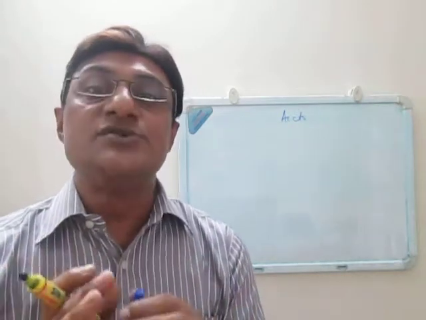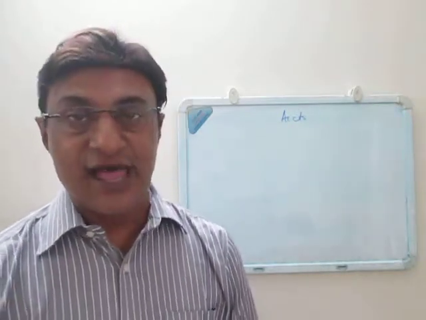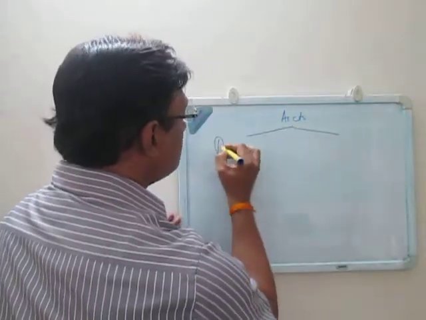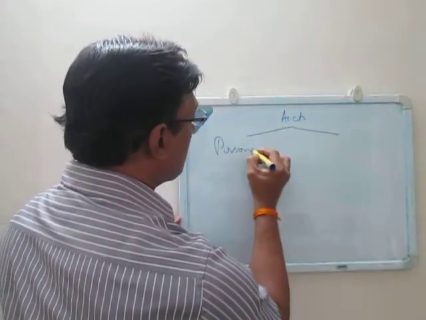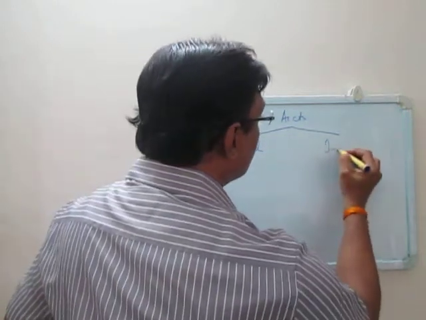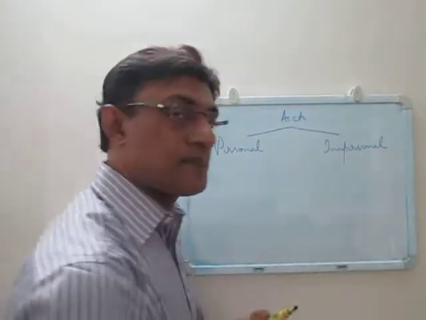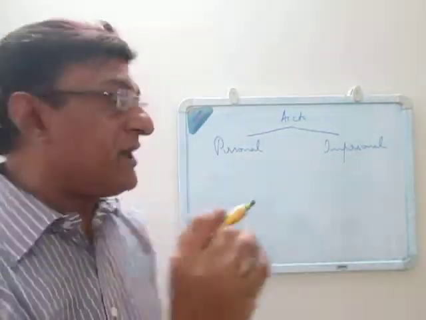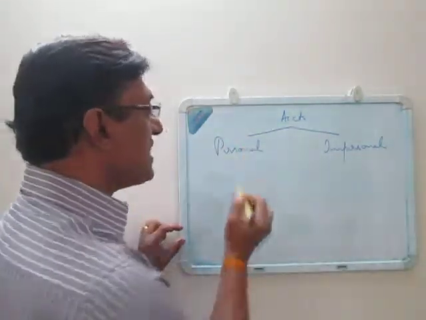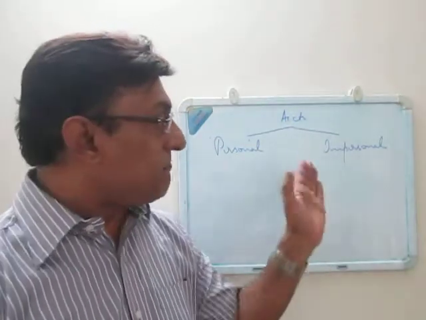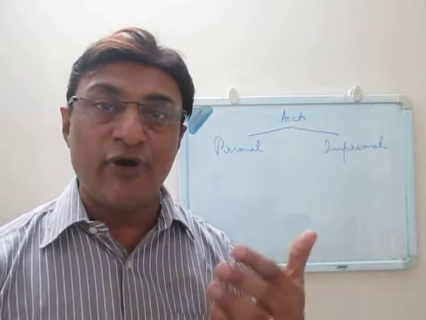To analyze the rules, it is necessary to understand that accounts are broadly of two types: one, the personal accounts, and the other, the impersonal accounts. As the name indicates, personal accounts are in the name of a person, and impersonal accounts do not involve a person.